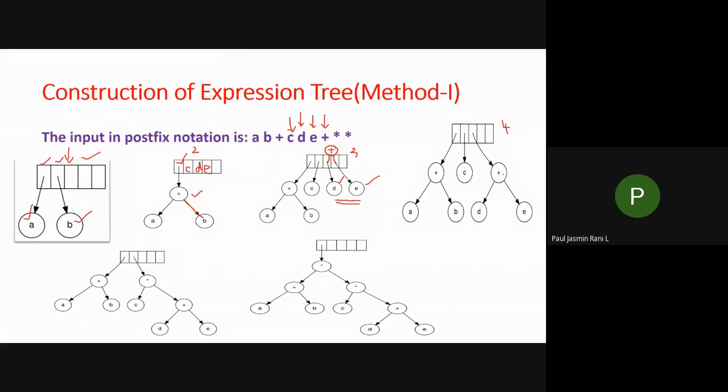After this, what do I have to do? Again I have to push that element inside the stack. After reading this plus, the fourth diagram is your current part. Let us consider this part is over.